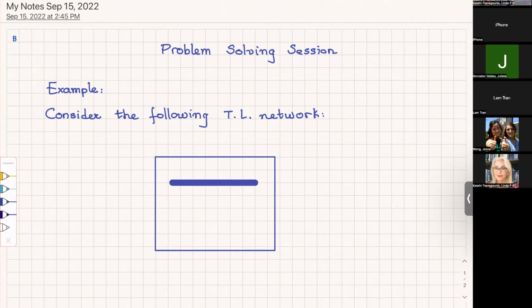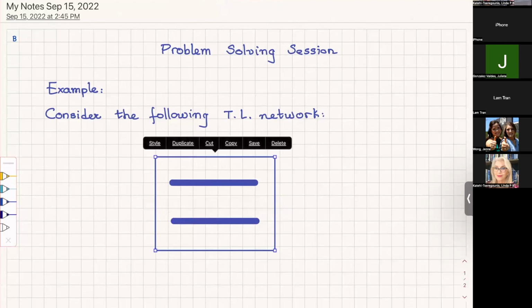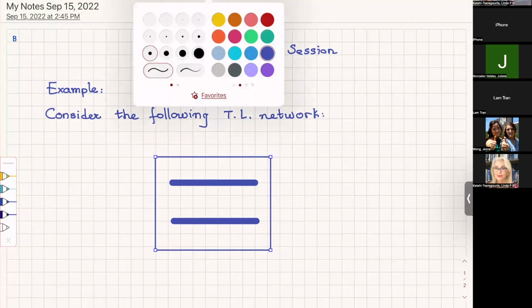And duplicate here, and is connected to a load.